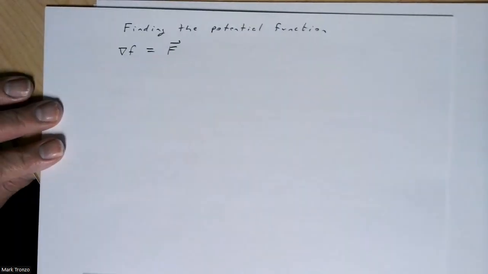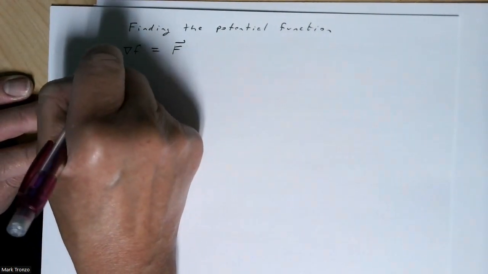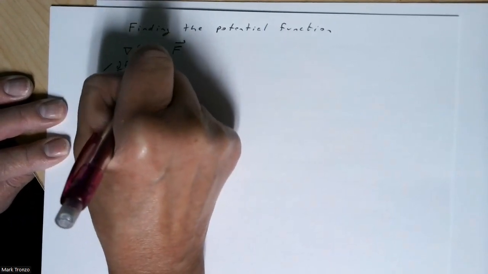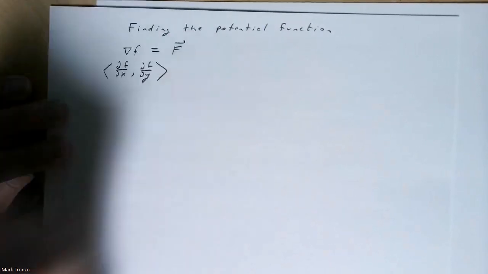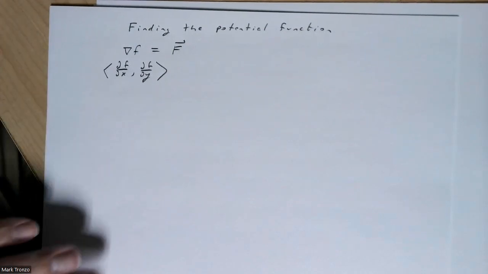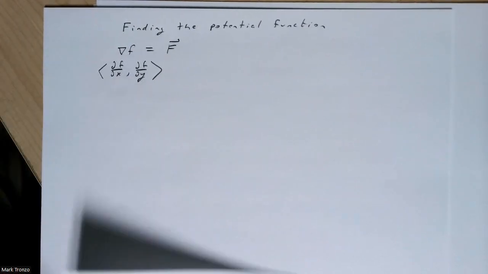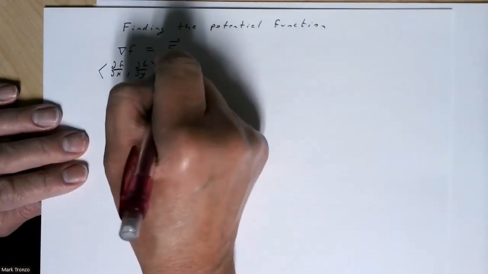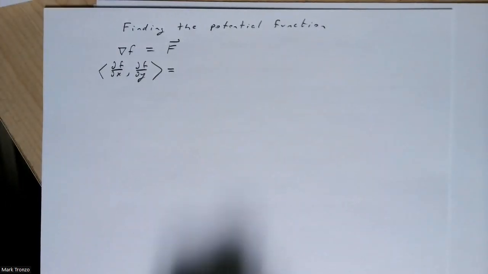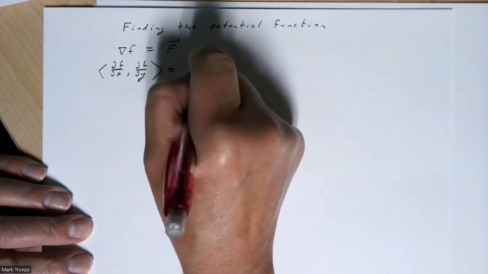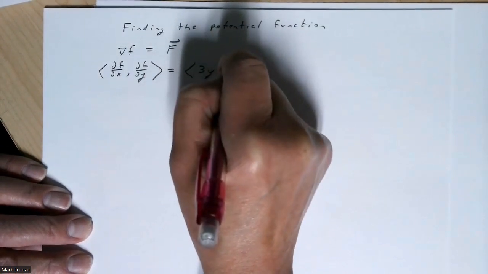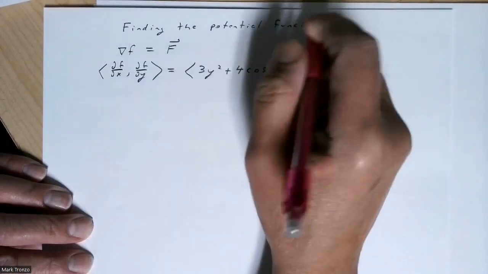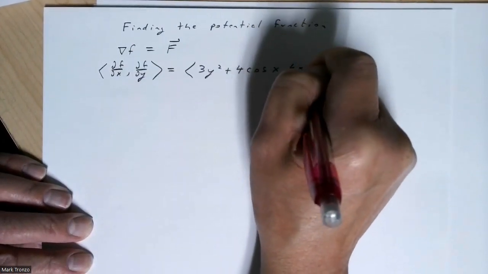Of course, the gradient of f is going to be (df/dx, df/dy). That's just the definition of a gradient when you have two variables, which we have here. And F in our case was given by this, so that's going to be (3y squared plus 4 cos x, 6xy plus 3e^y). I'm just writing our vector field F down over here, the one we're given in the problem.